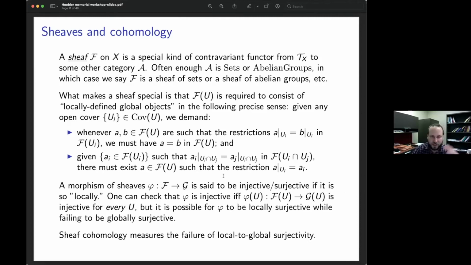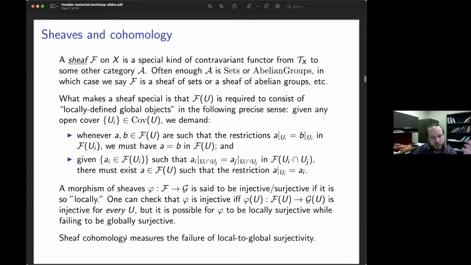Injective and surjective here behave a little differently from each other. One can show, using what makes a sheaf be a sheaf, that to be injective in this technical sense actually coincides with the naive version that you would think of being injective. Okay, being injective means that you're literally injective everywhere you care to look. However, it's possible for phi to be surjective in the category of sheaves, and yet for it to fail to be globally surjective on every single open subset U that you care to look at.